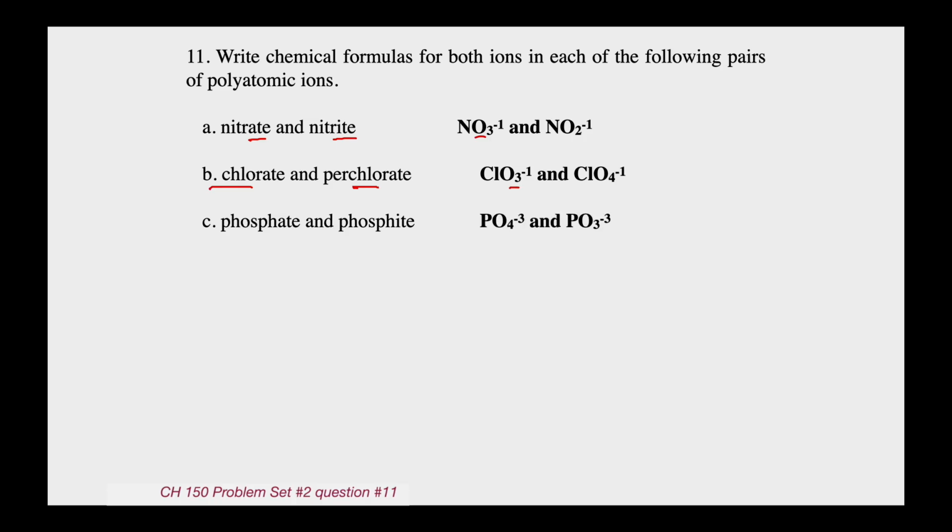So phosphate is PO4 with a -3, and phosphite still has 1 less oxygen, PO3 with a -3 charge. So please realize that, yeah, phosphate and phosphite, the ate and ite pattern does follow, but ATE does not necessarily mean 3 oxygens. Phosphate and sulfate are both examples of polyatomic ions with 4 oxygens instead of 3.